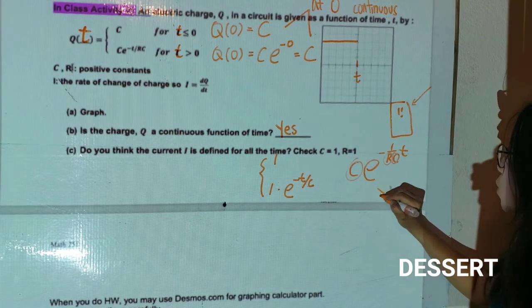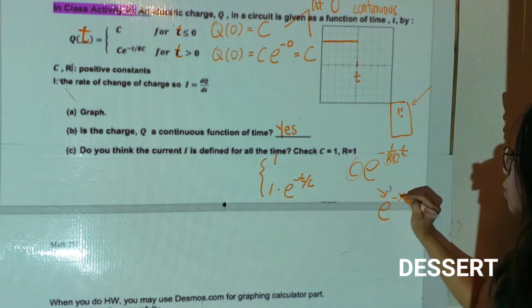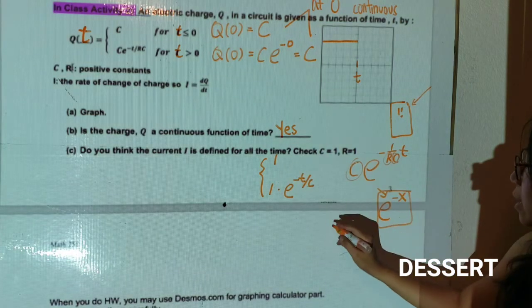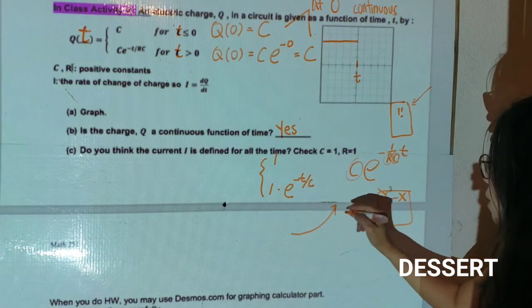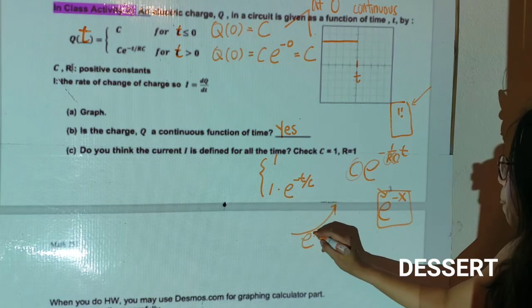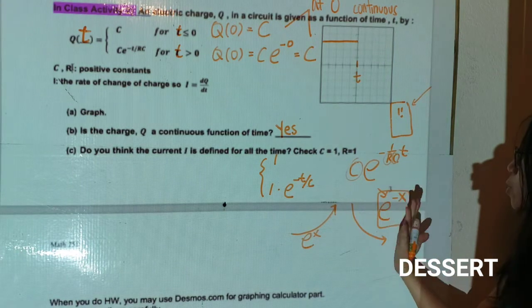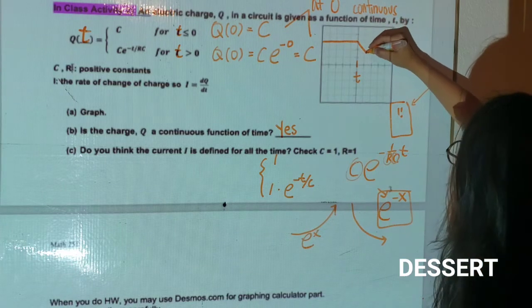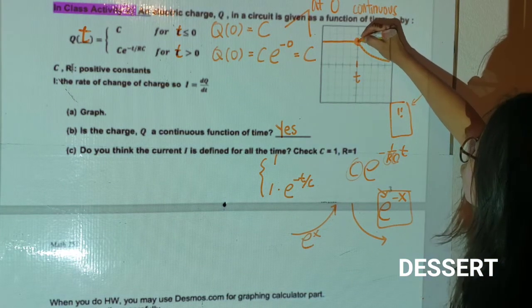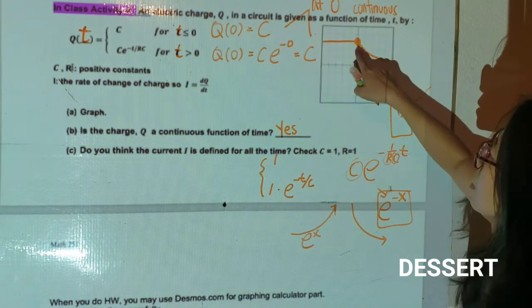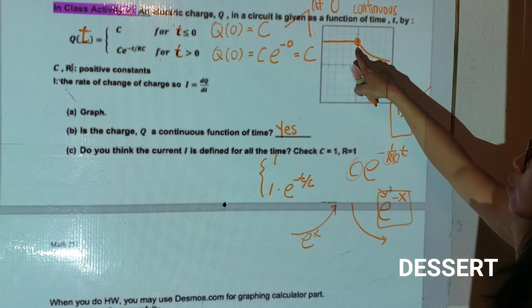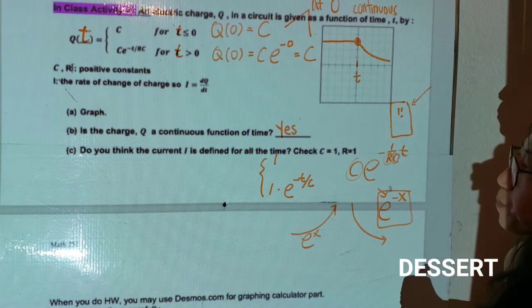So the big picture is going to look like the e to the negative x function. e to the x goes this way, and e to the negative x will be flipped over the y-axis. So now my function is going to go this way, and we proved that as C, this is going to have the same y value, so it is continuous.